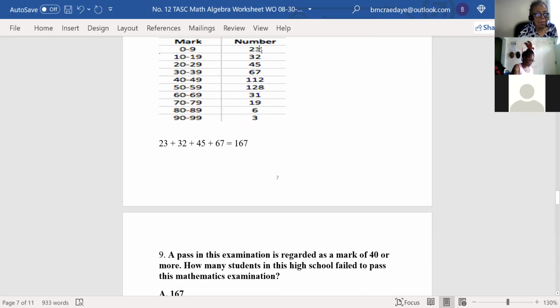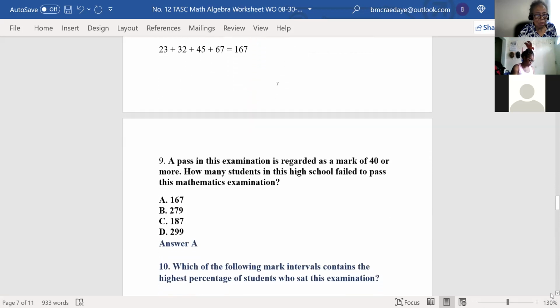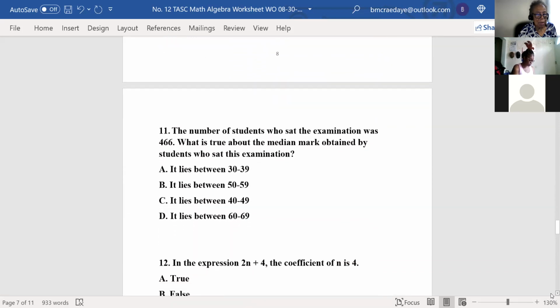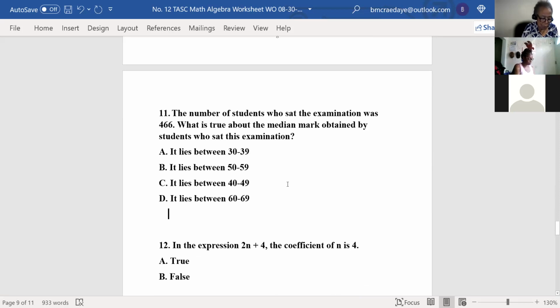So the total, when you add up these numbers, you get 466. So the midpoint, or median, would be within half of this, which is 233, right?